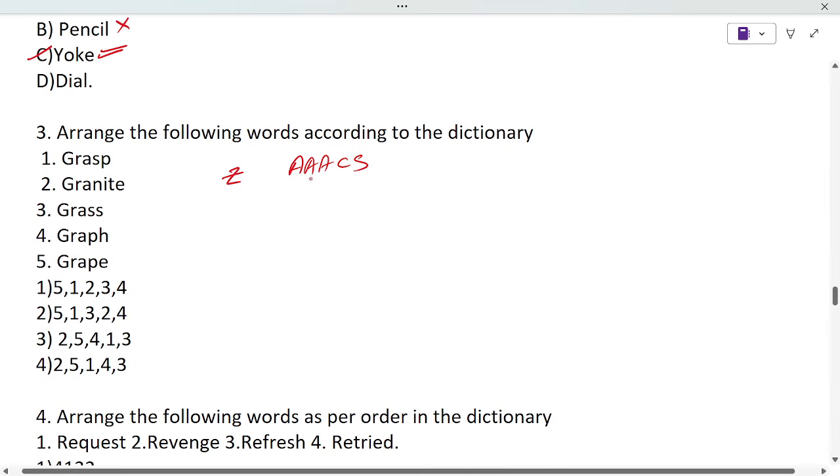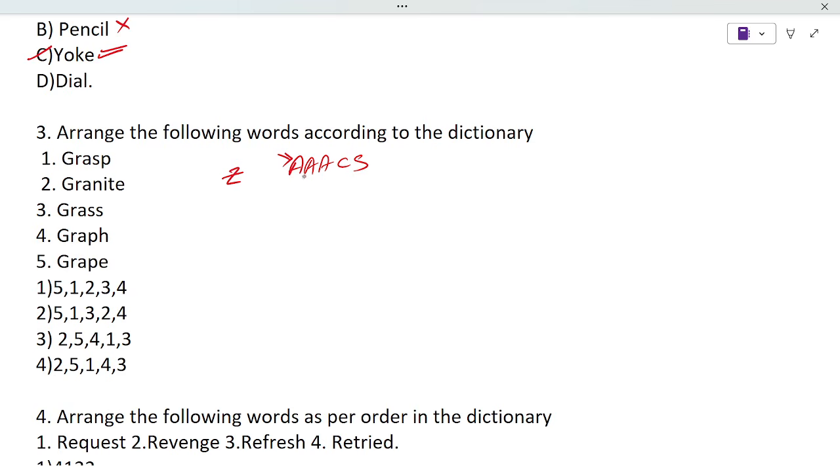So alphabet letters, not only the starting letter, we consider other letters as well. All the 5 words are starting from G. Next also the same, R, R, R, R, R.